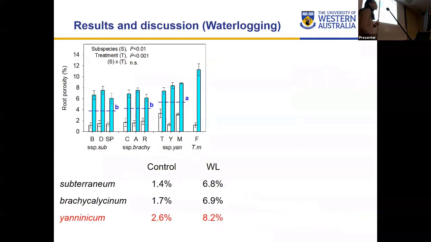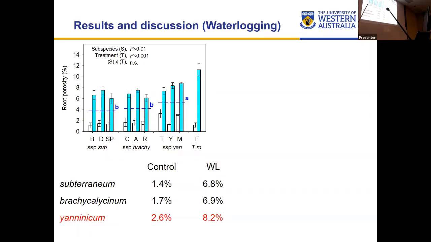In this experiment, all cultivars of subterranean clover increased root porosity under the waterlogged condition. However, the increased root porosity of subterranean clover genotypes was below 10%, while the cultivar Frontier porosity was beyond 10%, which could also explain its high waterlogging tolerance.